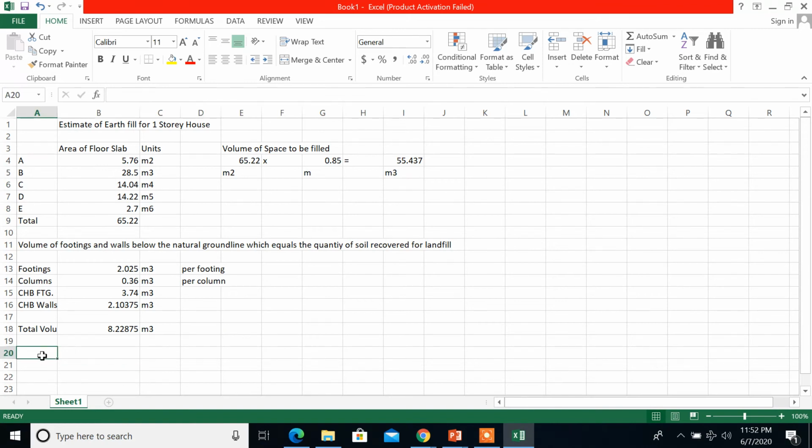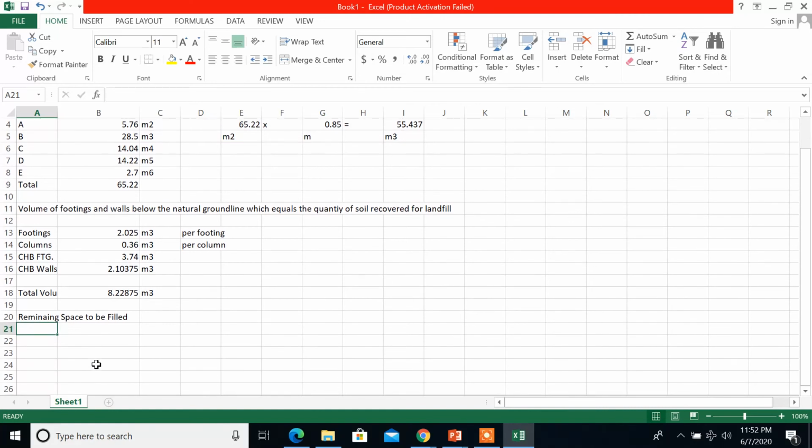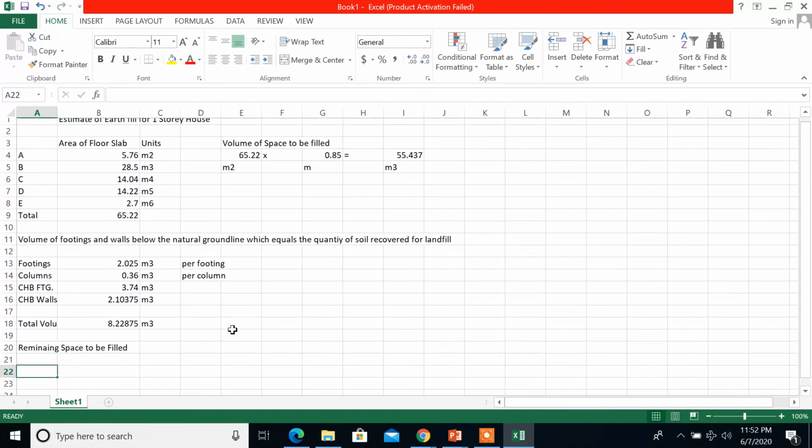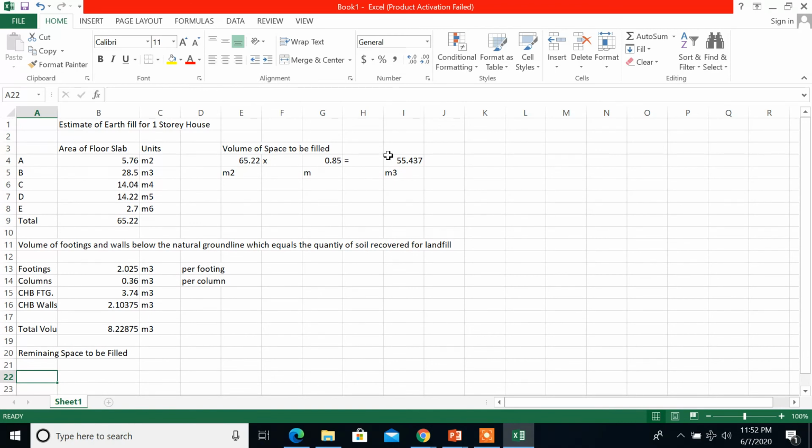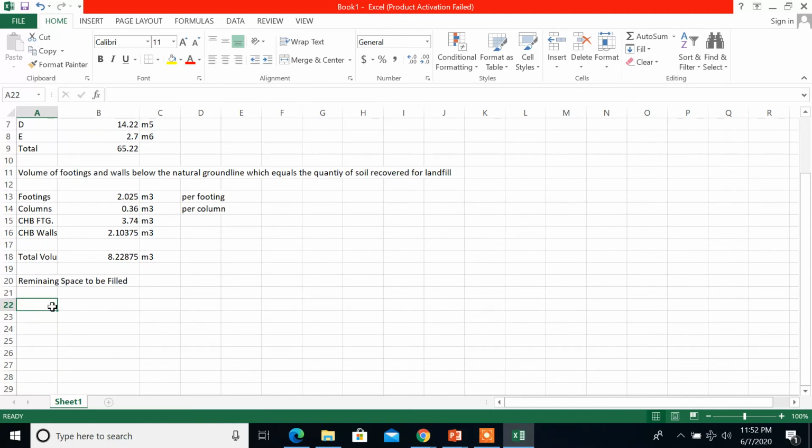Then next, compute na natin yung remaining space to be filled. So, to determine the remaining space to be filled, simply get the difference between the volume of space to be filled minus the volume of footings and walls below the natural ground line, which equals the quantity of soil recovered for the fill.